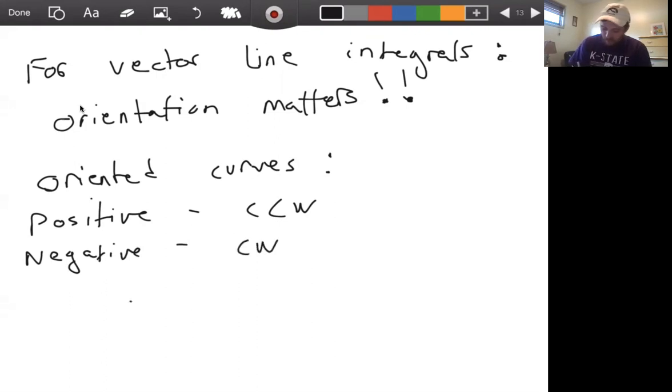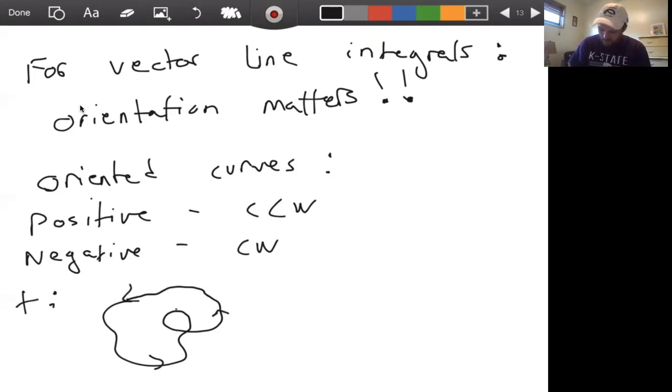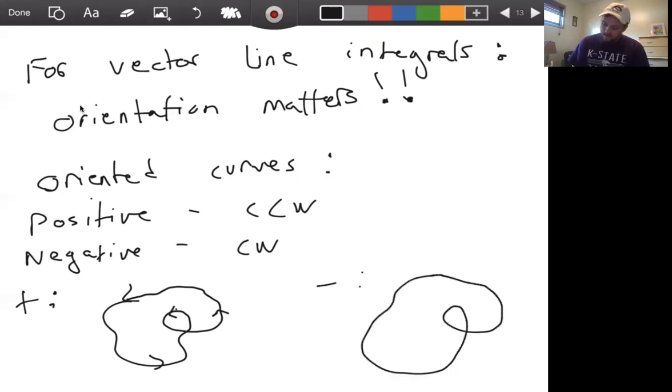If you have some curve, maybe it has self-intersections even, a positive orientation was to define this so that it's traveling counterclockwise. And negative would be, you could define the same curve, and if you give it a clockwise orientation, by convention we would say this is negative.